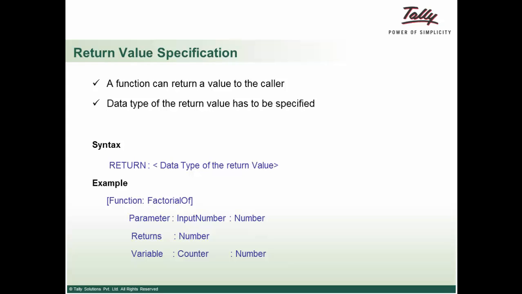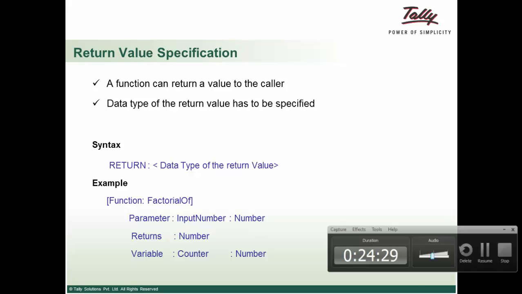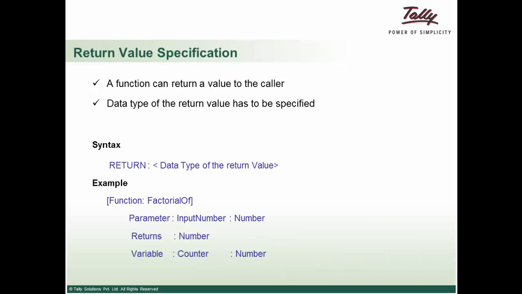So here is an example. Factorial: the parameter is input number, return is number, and we have a variable called counter, which is also of type number. It is just a coincidence that our parameter is of type number, our variable is of type number, and the return is of type number.